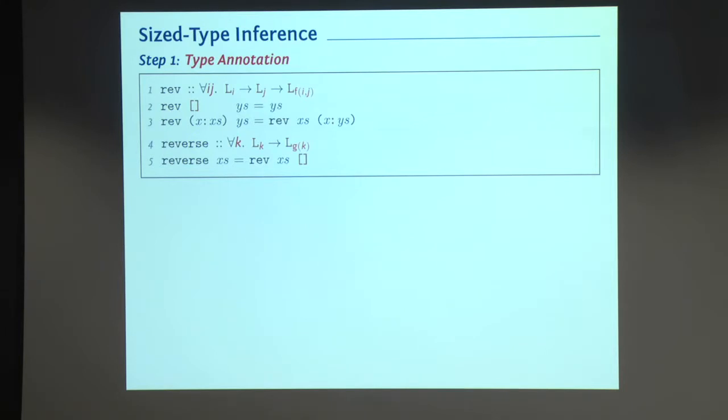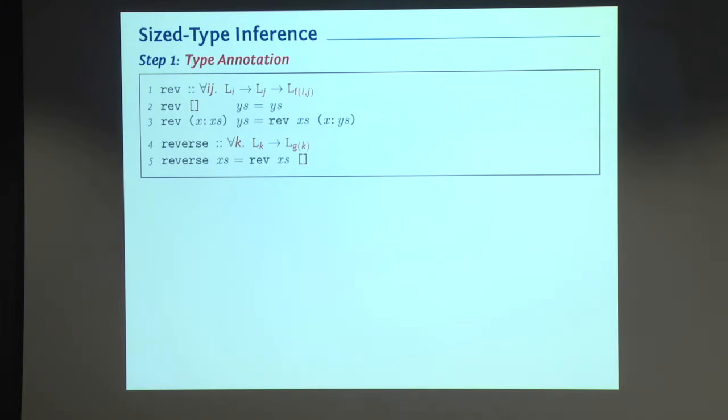So now, as a first step towards size inference, we compute such template types. These template types are obtained from the types that you have in this program by attaching size indices. Whenever such a type can carry a more complex size expression, such as the return types of this auxiliary function or the reverse function, we introduce a fresh function symbol as a placeholder.